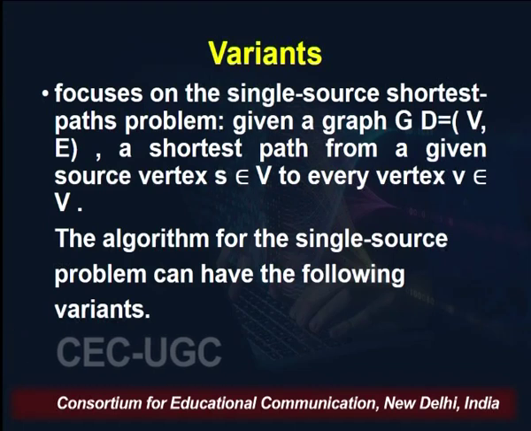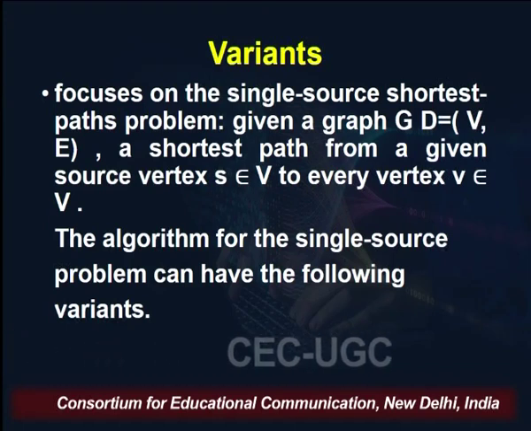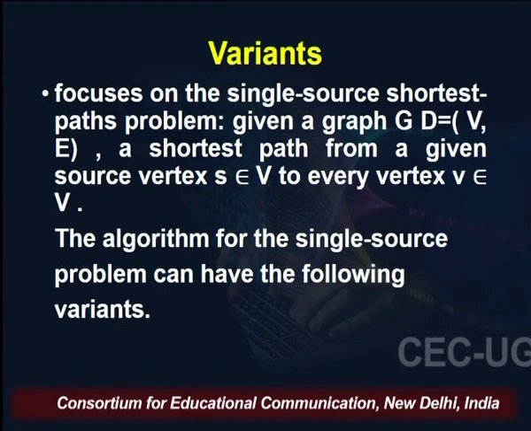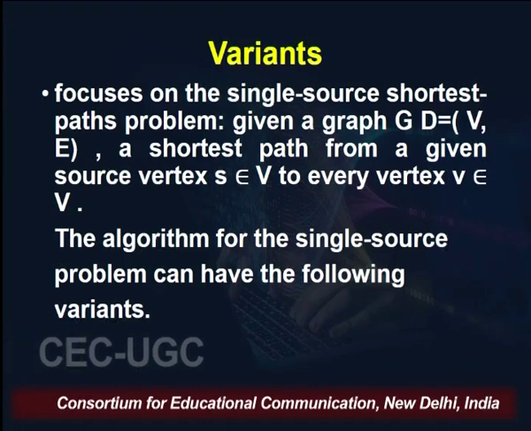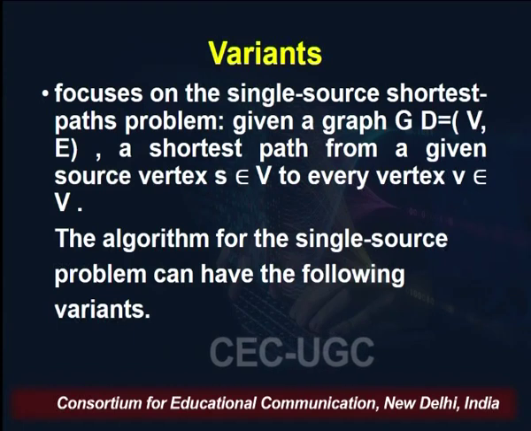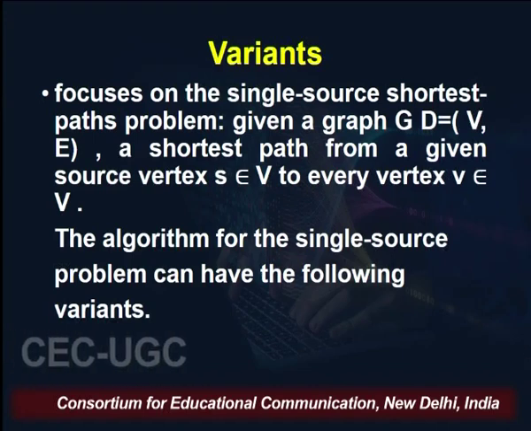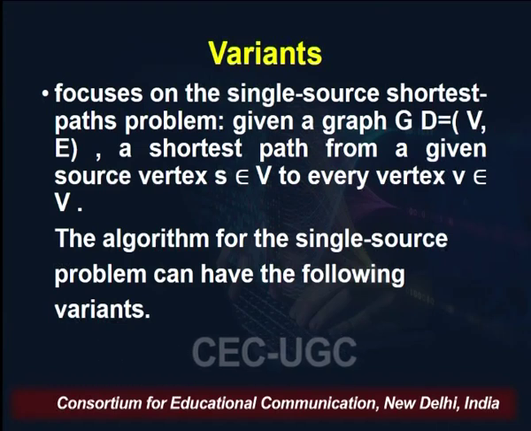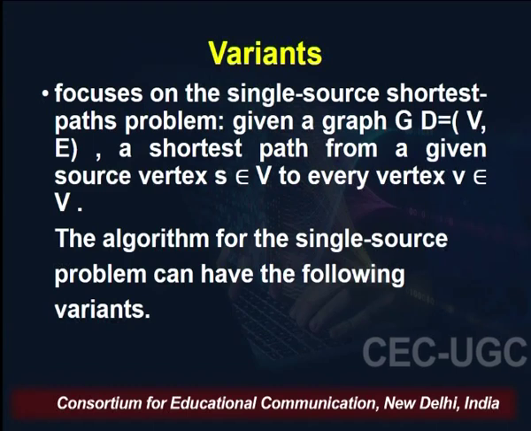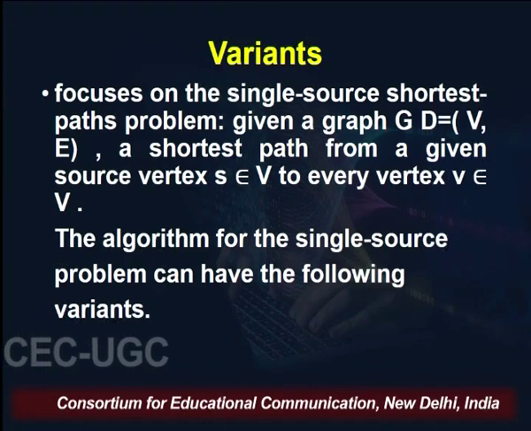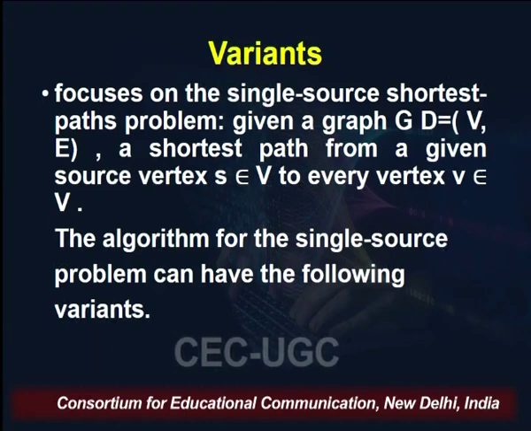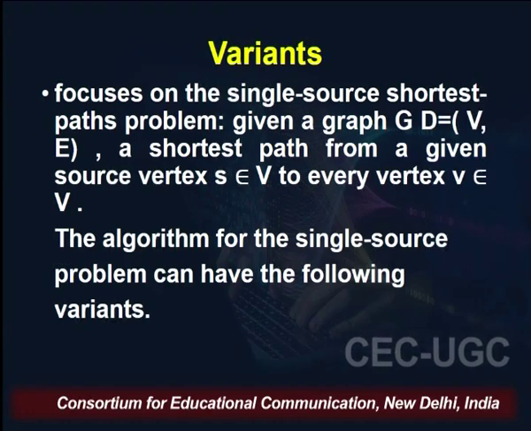When I am saying single source shortest path problem, as the name indicates, let us say we have a graph which is given by V comma E, as it is very commonly denoted, and the shortest path is from a given vertex S belonging to the vertex set V to every vertex V, and all other vertices V also belong to the vertex set capital V. So, that is the single source shortest path problem.